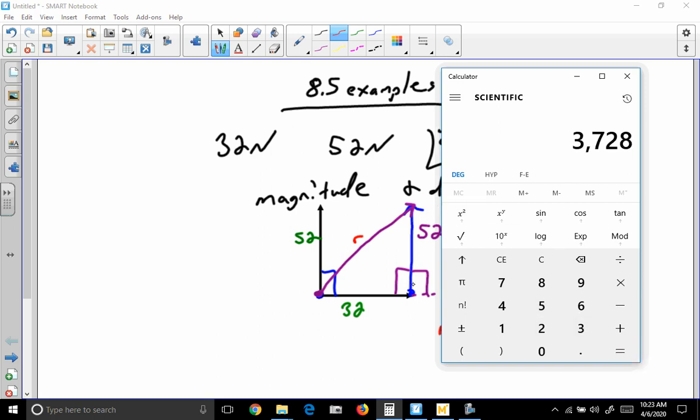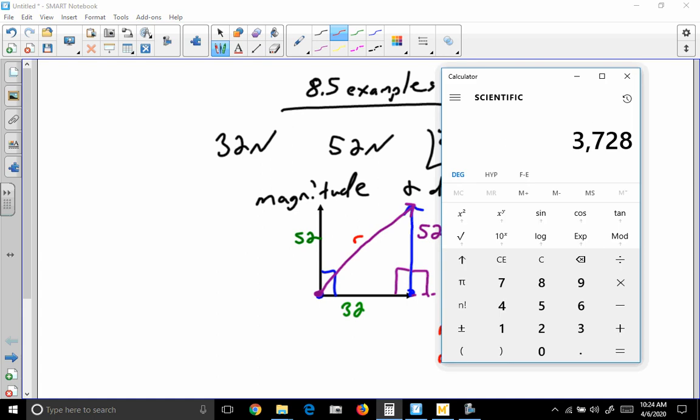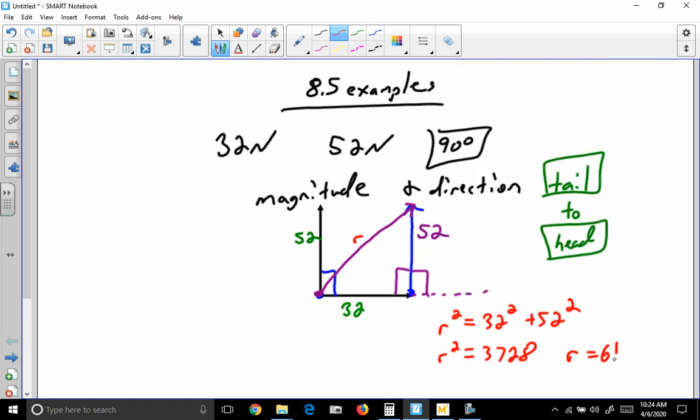That makes 3728. And if we take the square root of both sides, then we get r is 61.1. And that's in newtons. So that's the magnitude of the force.